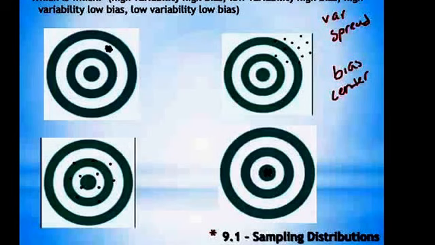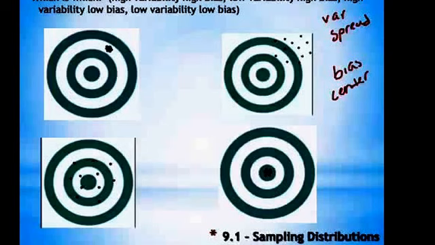If I have low bias, it's not very far from the center. Variability, if it's very spread out, high variability means it's very spread out. Low variability is not very spread out. So what we're going to do here is we're going to classify these 4 targets as if I'm playing darts to high variability, low variability, or high bias and low bias.